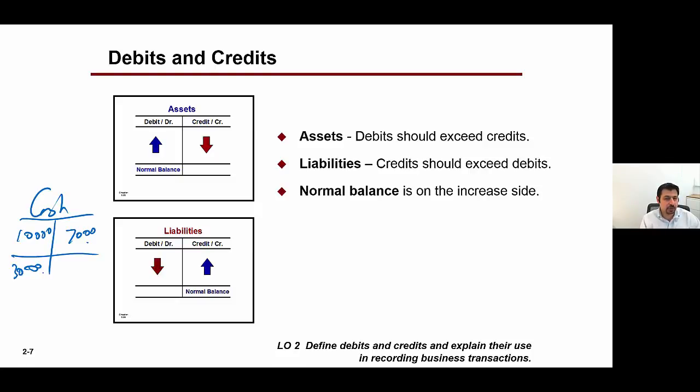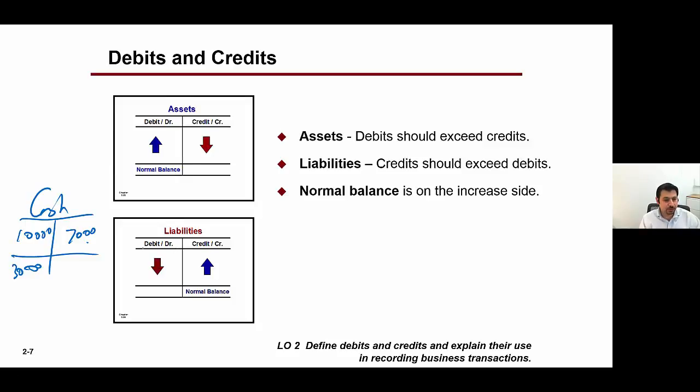Like we said before, a debit account increases with debits. So assets are debit accounts. Debits would increase that account, and credits would decrease the account.